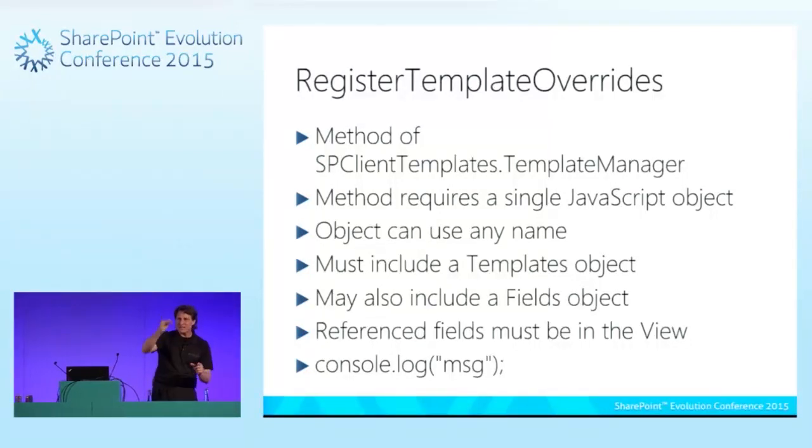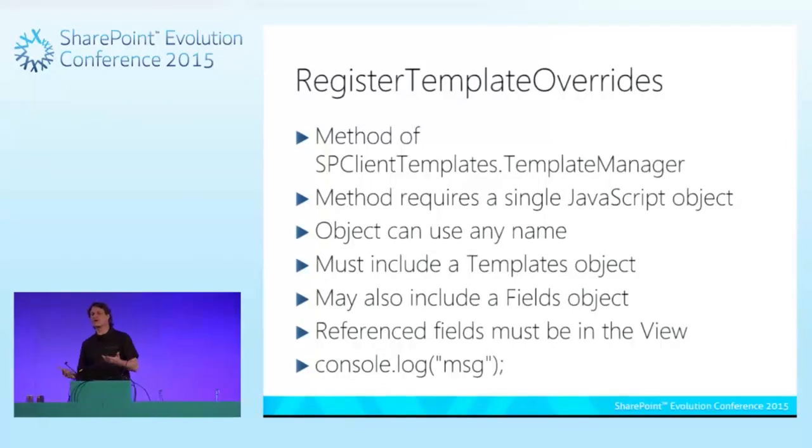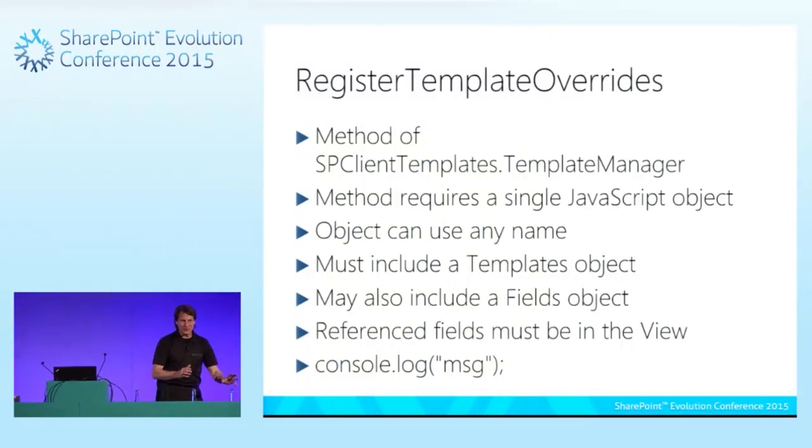We can also reference fields that, sorry, let me say it this way. The fields that we specify in the collection of fields must be in the select list for that view. So in other words, I can't say, hey, I would like for you to render out first name and then not return first name from the server. If I do that, bad stuff happens. So you have to make sure that the user is selecting for the view that this rendering template's going to be on, that they chose first name before you stick the first name rendering out there, right?